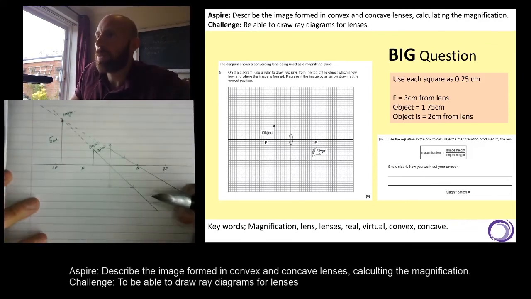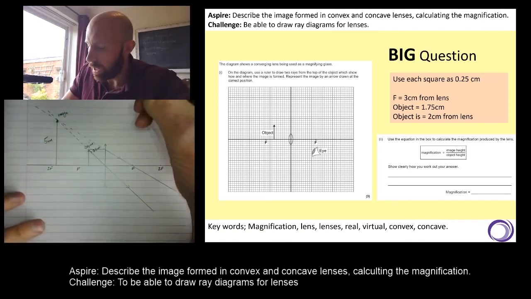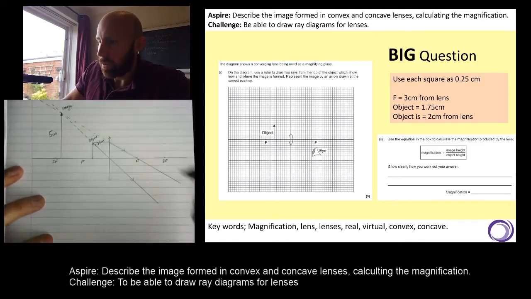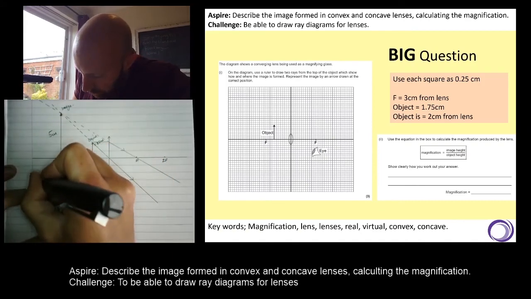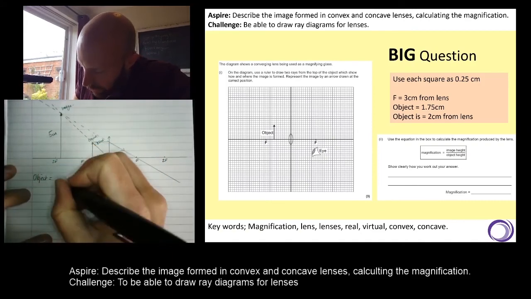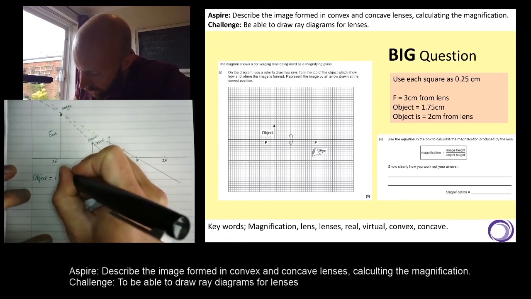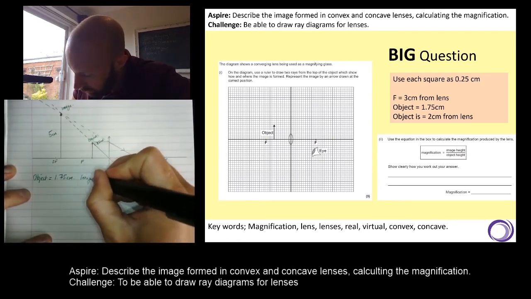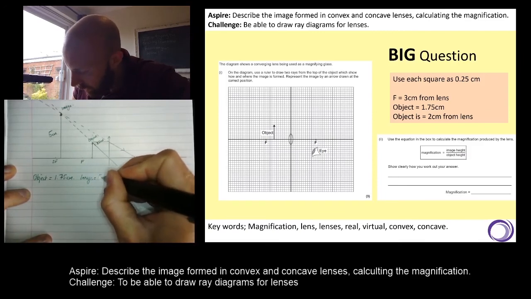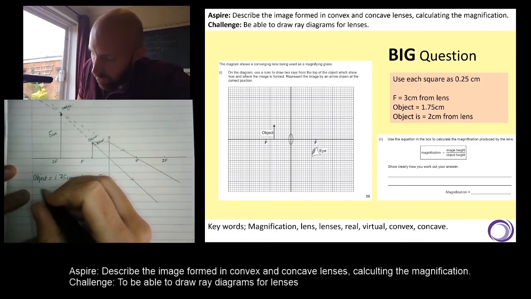So now we're going to do the calculation. So we have got the object equals 1.75 centimeters. The image equals 5 centimeters. We've got our calculation.